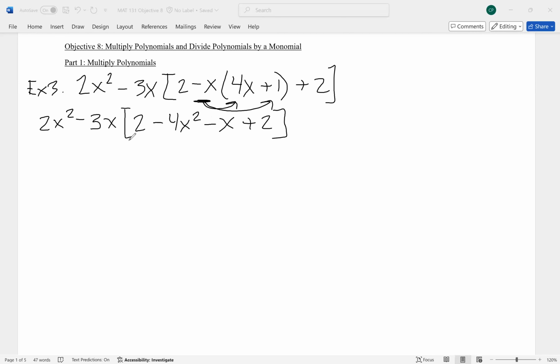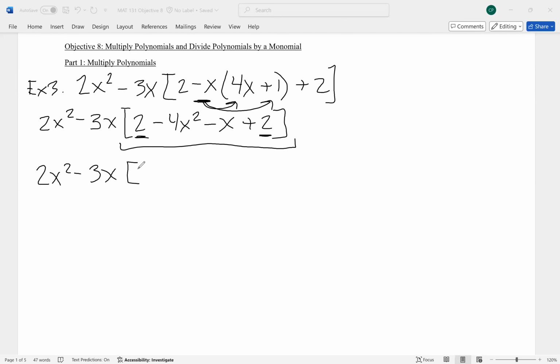Okay. So now we're still looking inside of these brackets. Okay. We need to simplify this and get it in descending order, if possible, that can possibly make things easier for us. All right. So inside of our brackets, what we have that's alike is this 2 and this 2.